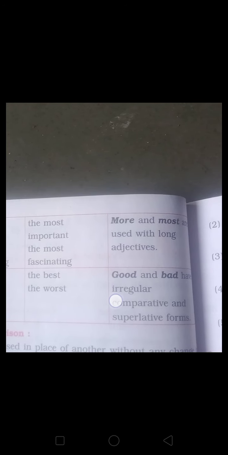Also there are some words where more and most are used with long adjectives. If there is a long adjective like important or beautiful, before that also we are writing more and most in comparative and superlative form. And some adjectives which are irregular. For example, good, better, best.